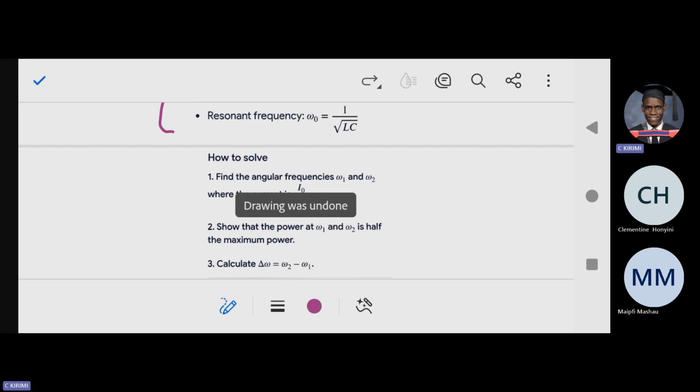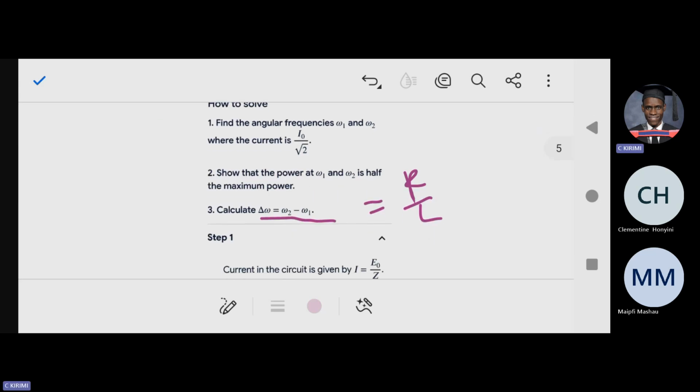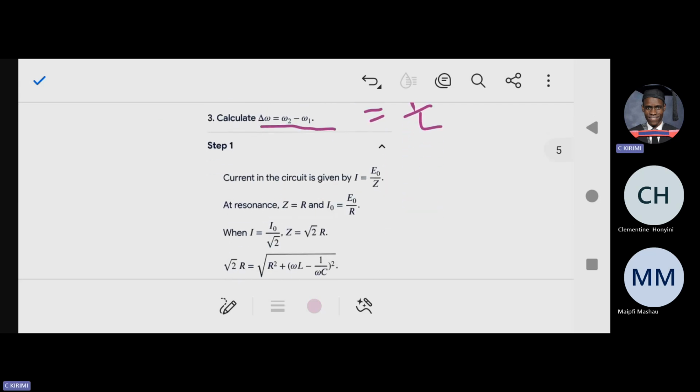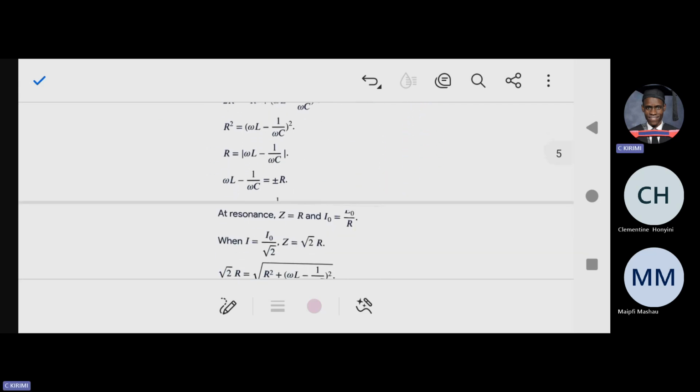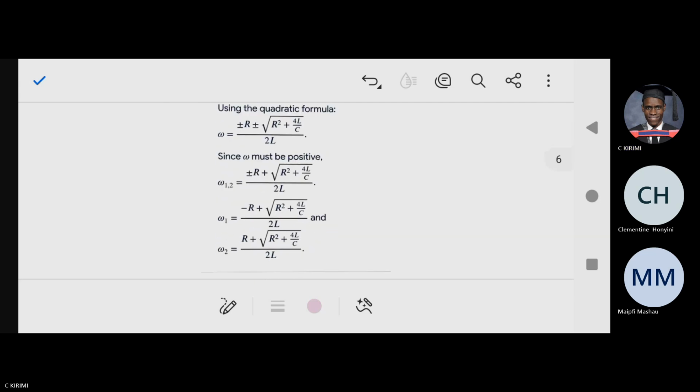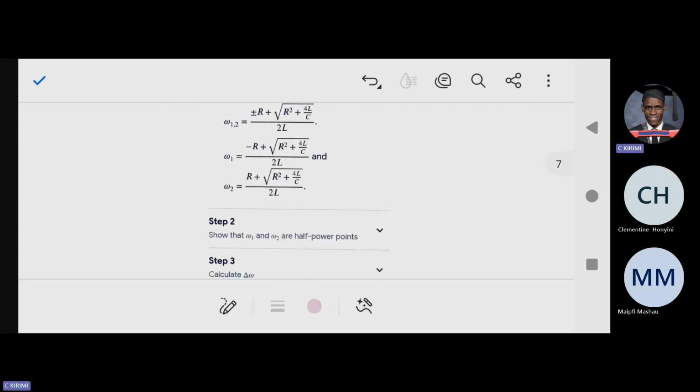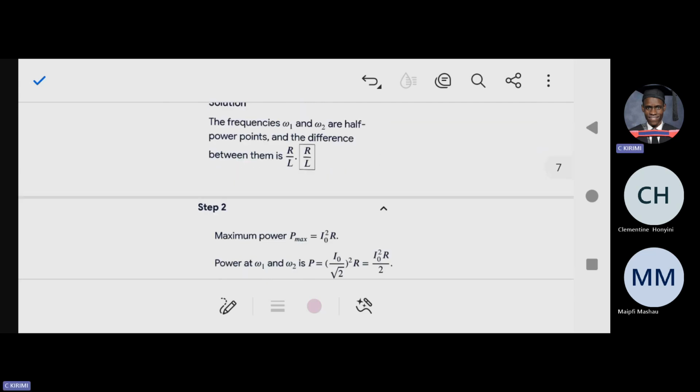And then for this one, we are going to show that it equals R over L. So bear in mind those ones. That is what we are going to be working on. All right, so let's start with the one which we are showing about half power points.